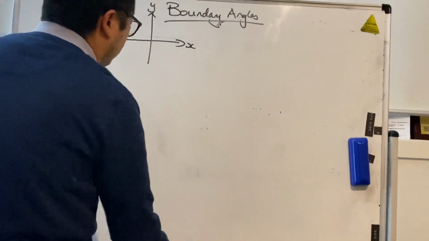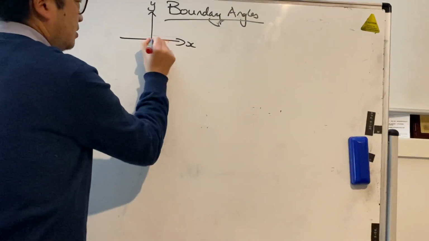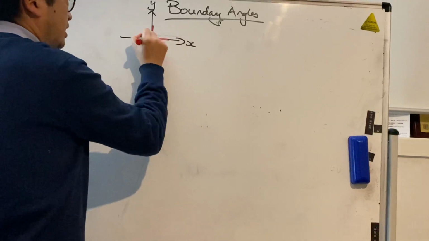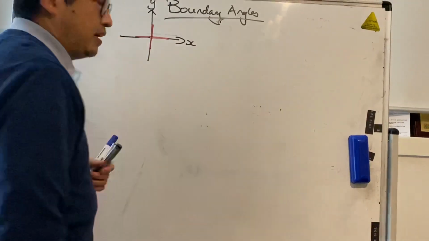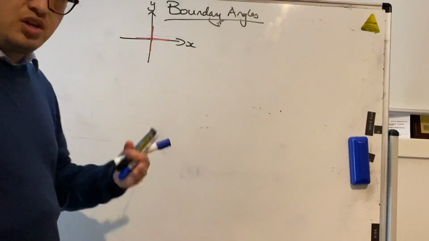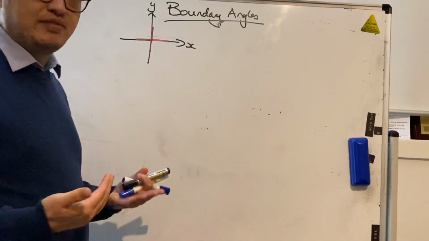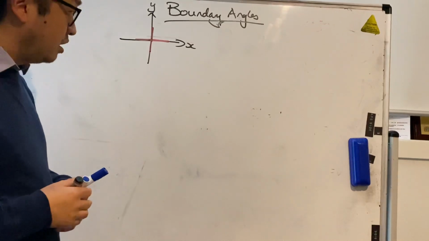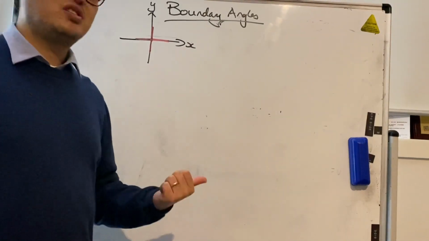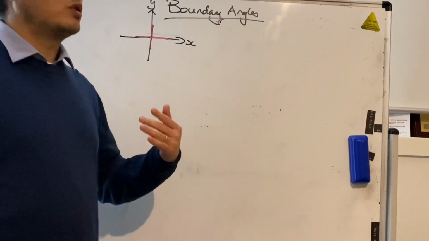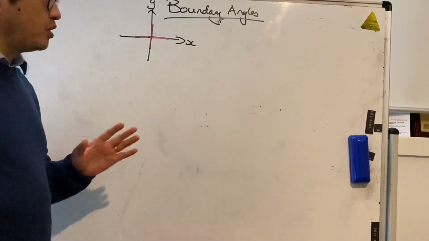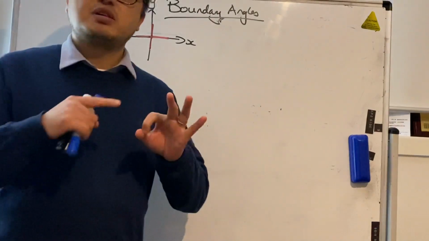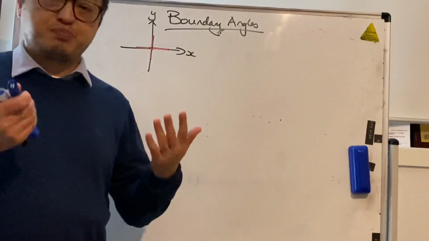Such as all the angles on the XY axis, they are boundary angles. Such as 0, 90, 180, 270, 360, etc. So you might be thinking about what's sine 0, what's sine 180, what's cos 360, etc. In today's video, I'm going to talk about those things from three different perspectives.